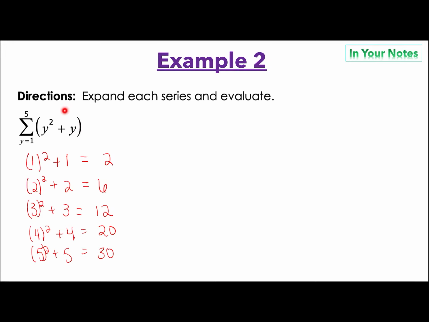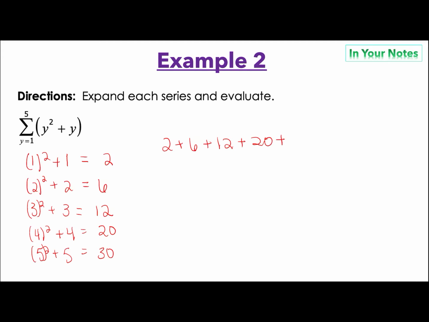All I did here is use this equation, y squared plus y, and evaluate it for when y is 1, 2, 3, 4, and 5, starting at 1, ending at 5. Now I have to add all of these up together.